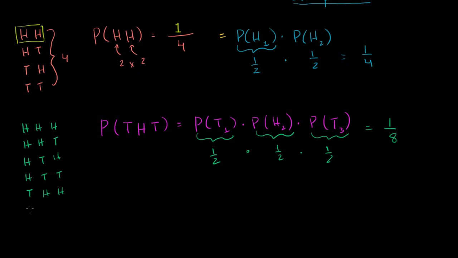You could get tails, heads, tails. You could get tails, tails, heads, or you could get tails, tails, tails. And what we see here is that we got exactly 8 equally likely possibilities, and tails, heads, tails is exactly one of them. It is this possibility right over here. So it is one of 8 equally likely possibilities.